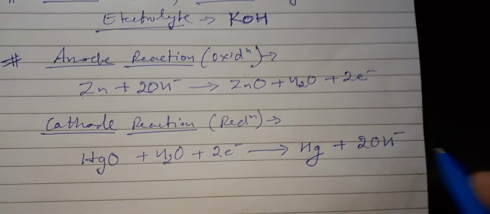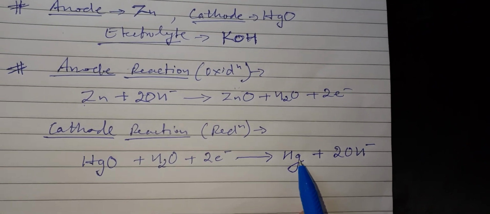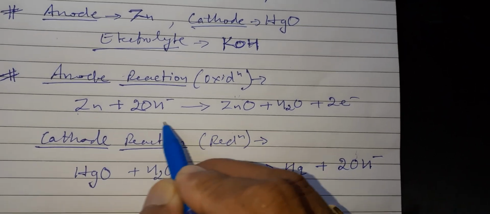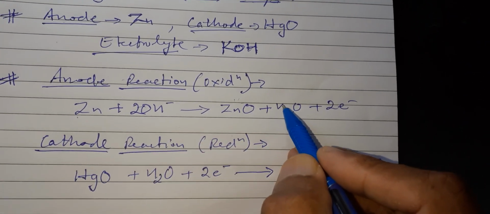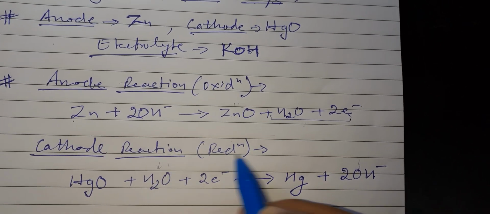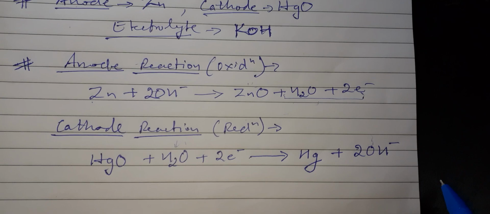This is also a balanced equation. Mercuric oxide is reduced into mercury, and the 2 hydroxide ions formed here will go to the anode, and the water molecule and 2 electrons formed at the anode will always move to the cathode. This is how charge is balanced between anode and cathode.